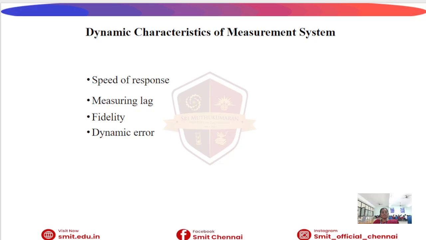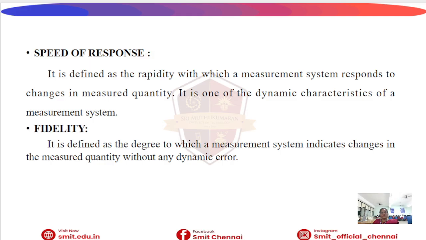Next, we will see the dynamic characteristics. When the measured quantity changes rapidly with time, static characteristics are not sufficient. We consider dynamic characteristics such as speed of response, fidelity, measuring lag, and dynamic error. The speed of response refers to how quickly the system responds to changes in input.